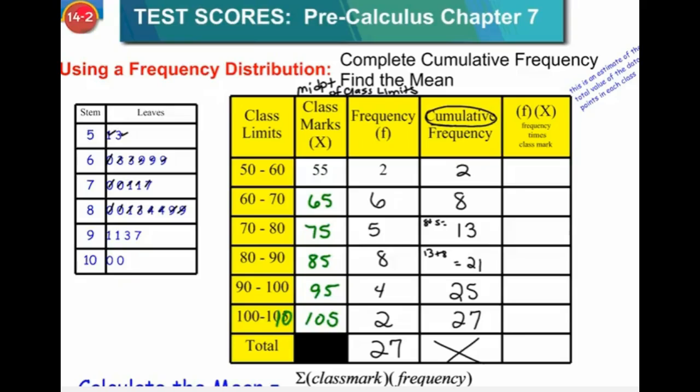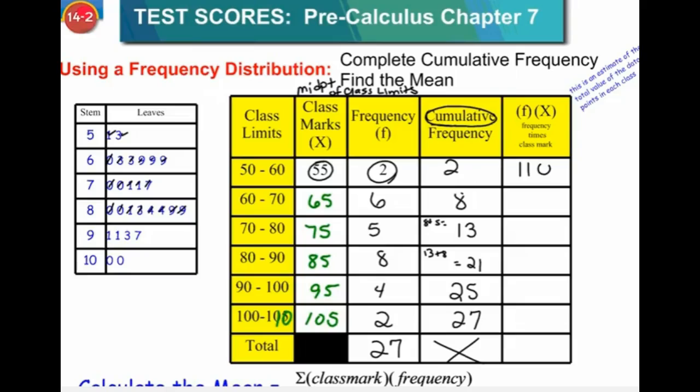The last column talks about the frequency times the class mark. What we're doing here is getting an average amount based on the class mark, which is the midpoint, times the number of times it occurs, which gives us the frequency times the class mark.